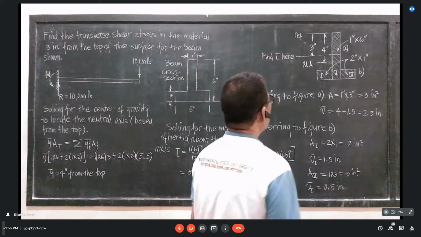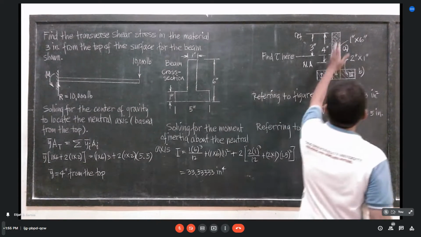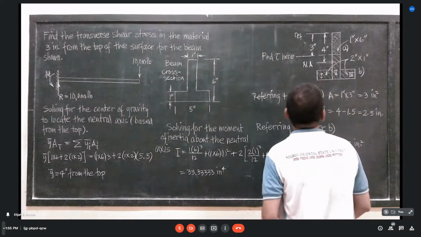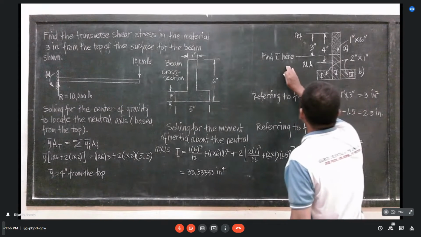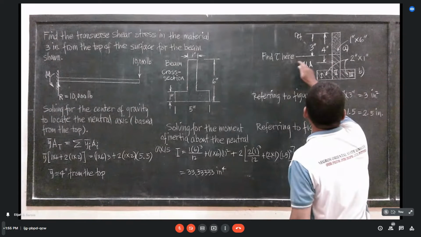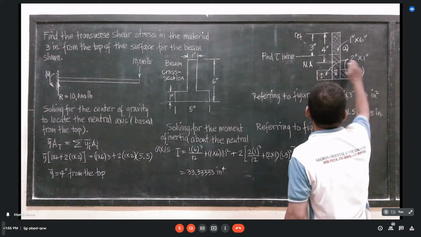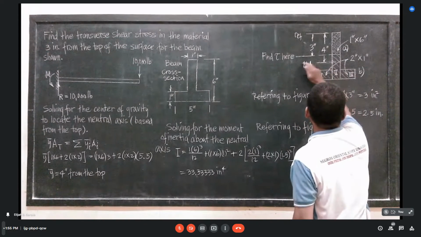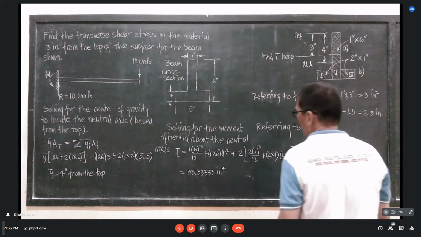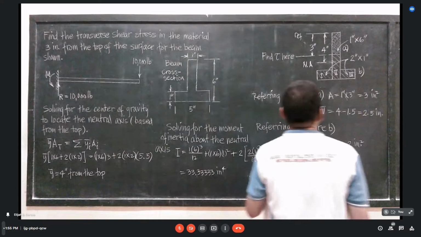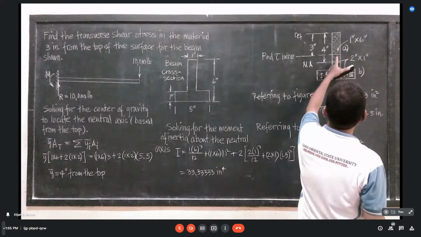Okay. We will start with the vertical. We are going to transfer or refer the moment of inertia about the neutral axis, or where the centroid is, neutral axis, which is 4 inches. So it is the moment of inertia of this one about its centroid.